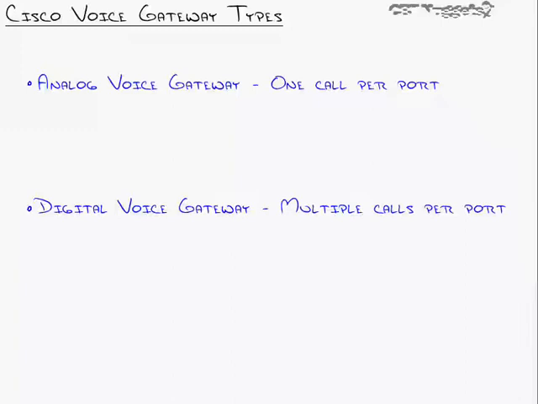When you think of a gateway, this is a common question I get when I teach CCNA or CCENT classes, just the beginning Cisco level classes. I have a bad habit of using router and gateway almost interchangeably. Like I'll say, we have a router, or that's the default gateway, we're going through our gateway. And usually I get the question, well, what's the difference between a router and a gateway?